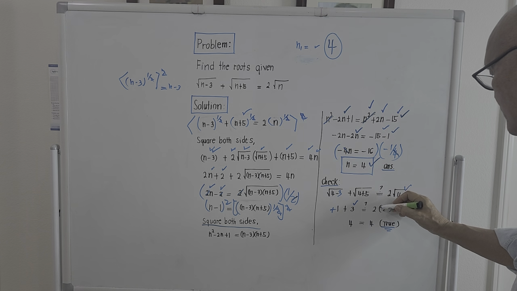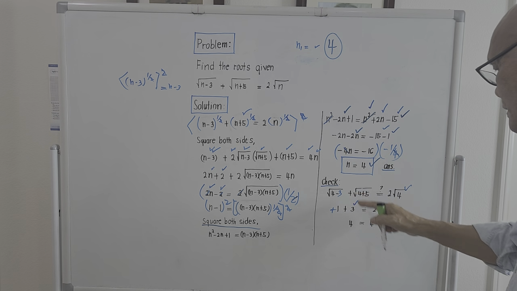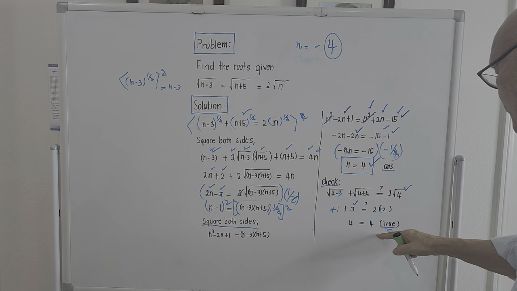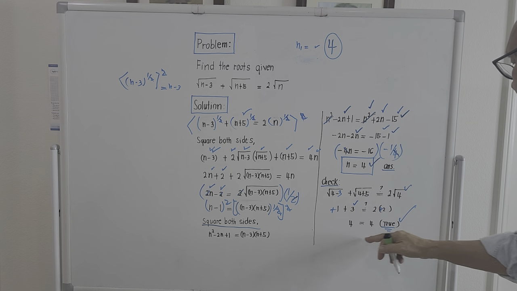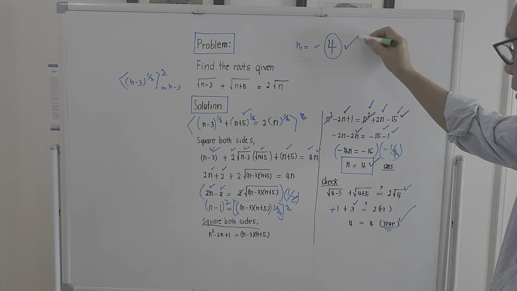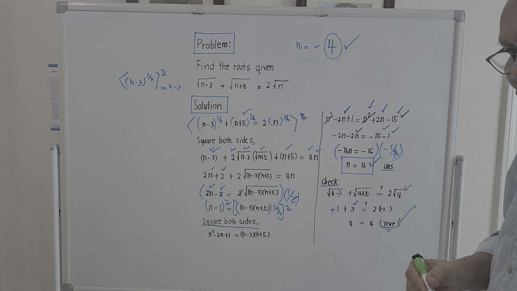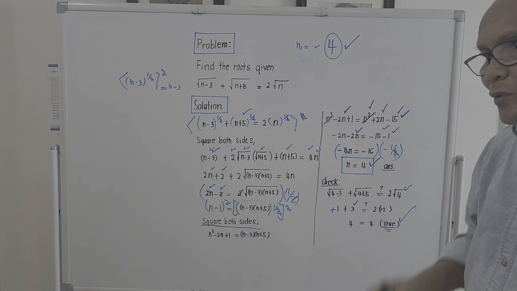We'll just use the positive sign. So 1 plus 3 is 4, and 2 times 2 is 4, so it is true. So our answer here is actually correct. So the correct answer will be 4, and that's the solution of this given radical equation. As simple as that one.